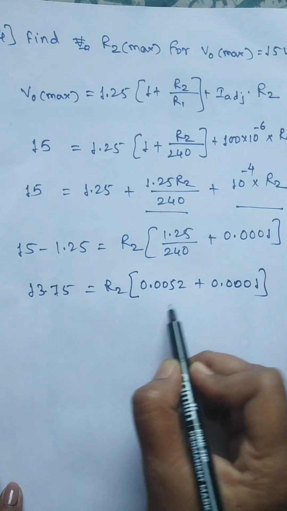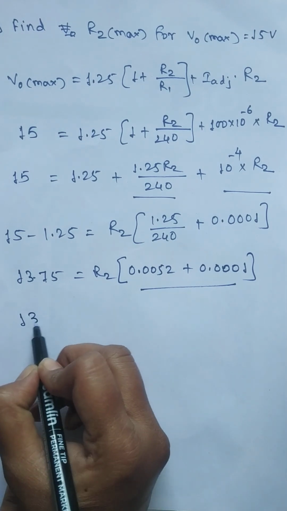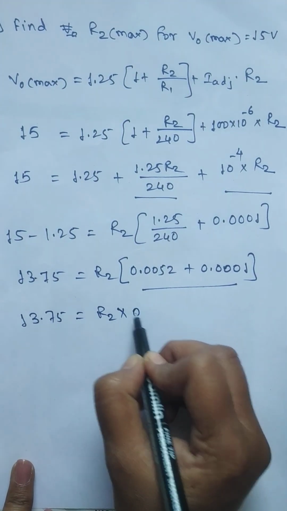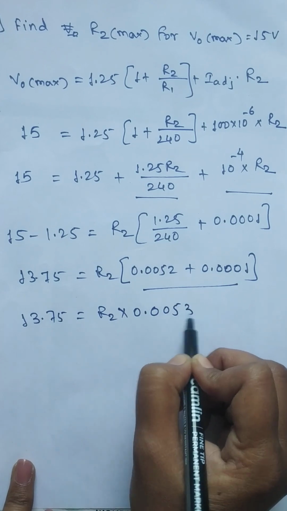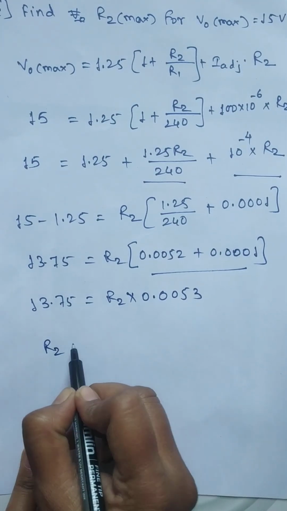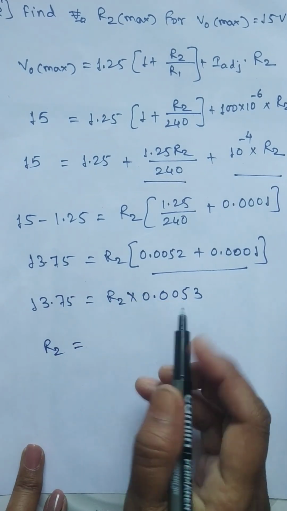0.0001. Now solve this bracket, add these 2 terms. So it will become 13.75 is equal to R2 multiplied by 0.0053. So again R2 will become equal to 13.75 divided by 0.0053.